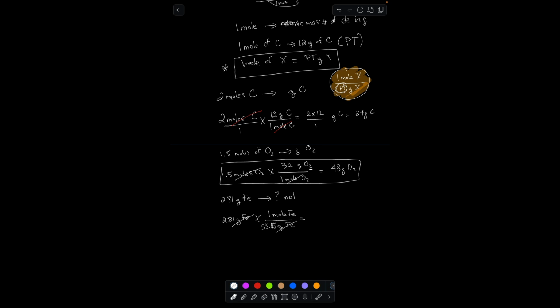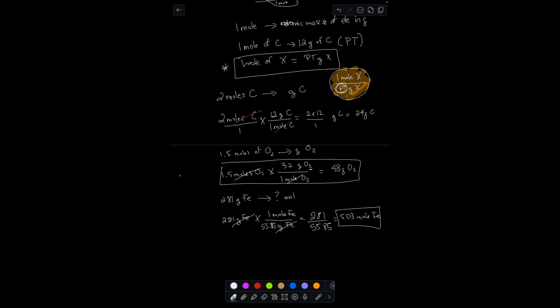Grams of Fe are going to fall off, and we're now going to have 281 divided by 55.85, and that gives us 5.03 moles of Fe.